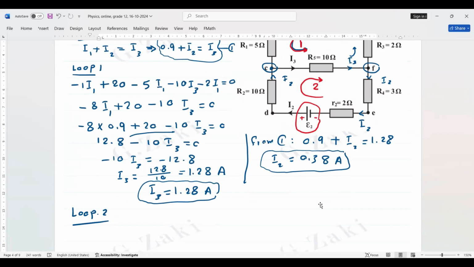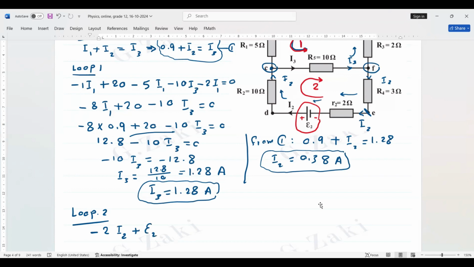Now, we start from this corner and go in this direction. The current is I2. It is in the same direction as the loop, so it is negative 1, negative 1, only one sign. So it's negative 2 I2. The electromotive force is the same direction, so plus E2.